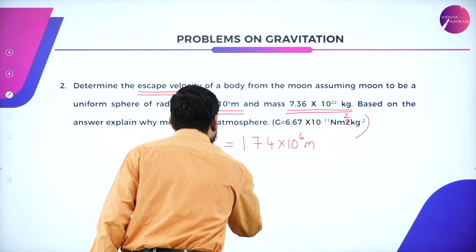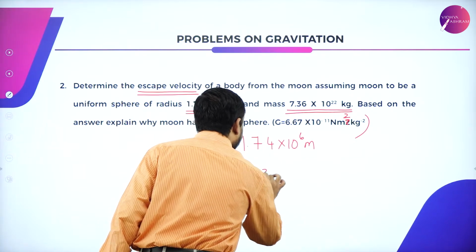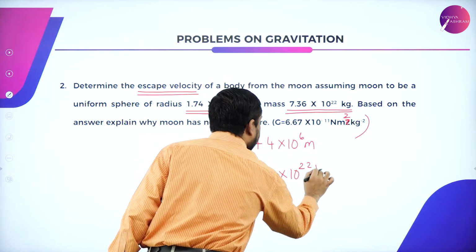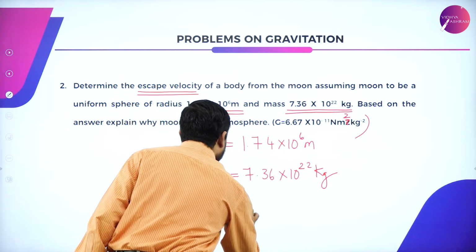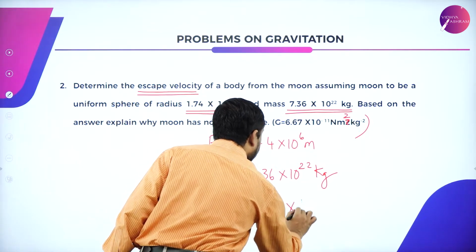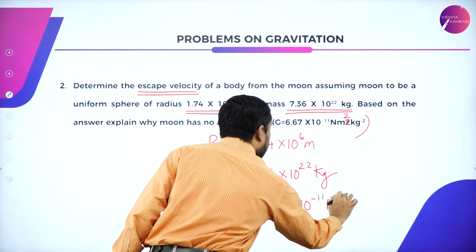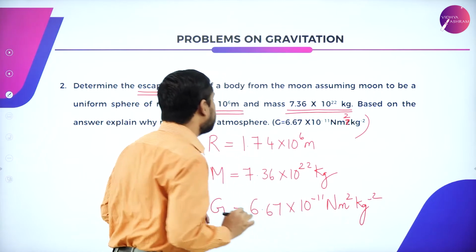I have the mass of the moon, which is 7.36 into 10 power 22 kg, and the gravitational constant 6.67 into 10 power minus 11 Newton meter square kg minus 2.